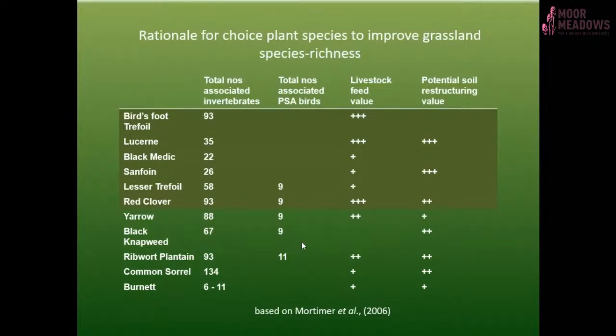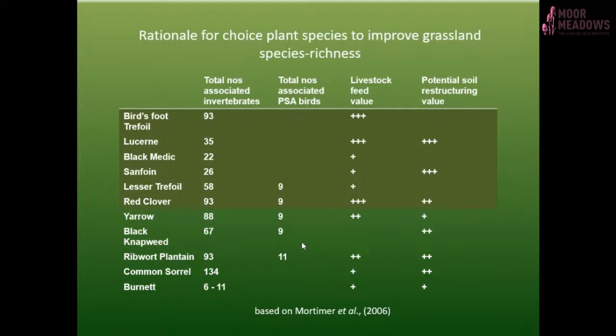What we did with colleagues from the British Trust for Ornithology, Reading University, and Rothamsted Research at North Wyke is we reviewed all the plants which can survive in low to modest levels of soil fertility. And we wanted to classify them according to their value for, in the first column, total number of associated invertebrates. Those are insects, pollinators and such like, that use either the pollen, the nectar, or the seeds, or the vegetation, the leaves, or the stems of those plants.